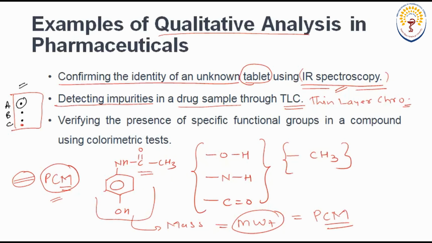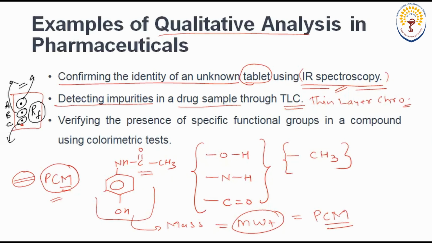We can easily identify this is A, this is B and this is C by recording their RF values. The RF value tells us what kind of molecule each is. So that way we can identify A, B and C, and if they are impurities, it will be known to us.